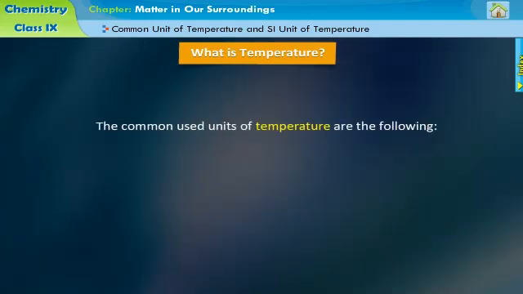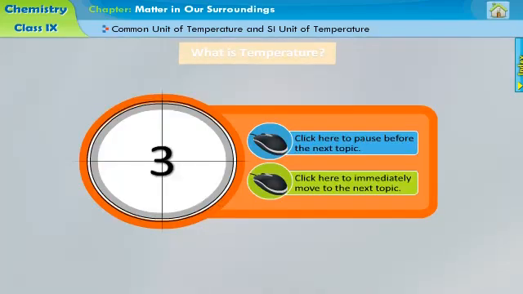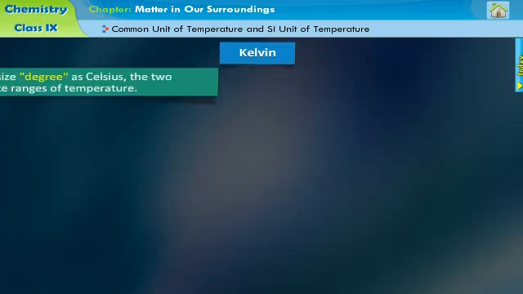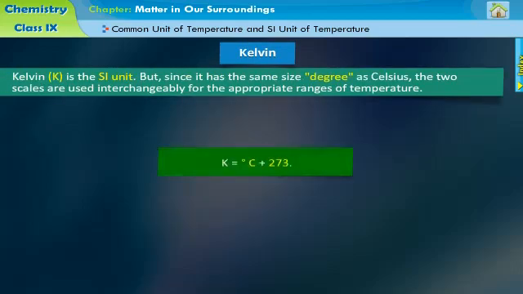The commonly used units of temperature are the following: Celsius, Kelvin, Fahrenheit. Kelvin (K) is the SI unit, but since it has the same size degree as Celsius, the two scales are used interchangeably for the appropriate ranges of temperature.